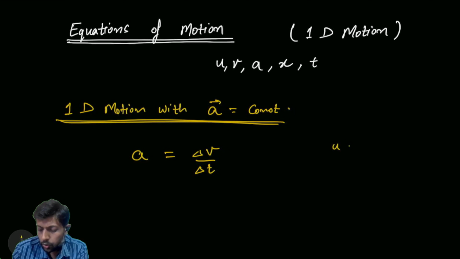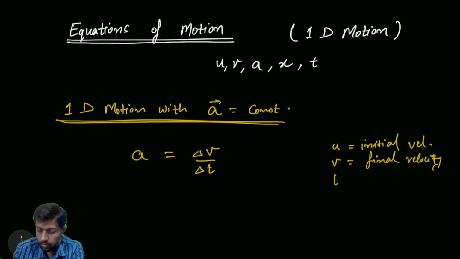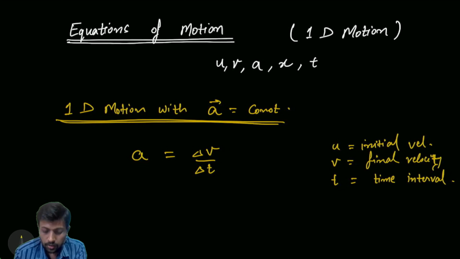If we assume u to be the initial velocity, v to be the final velocity, and the time interval, let's call it t. So acceleration or the magnitude of acceleration would be given by v minus u upon t.